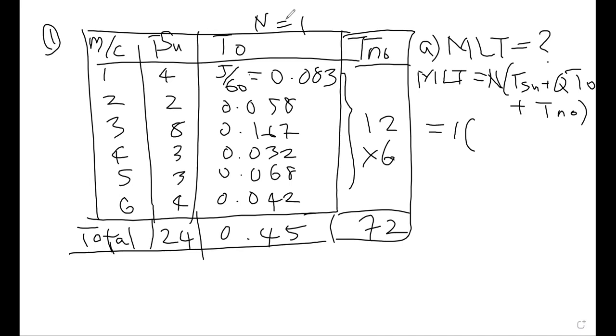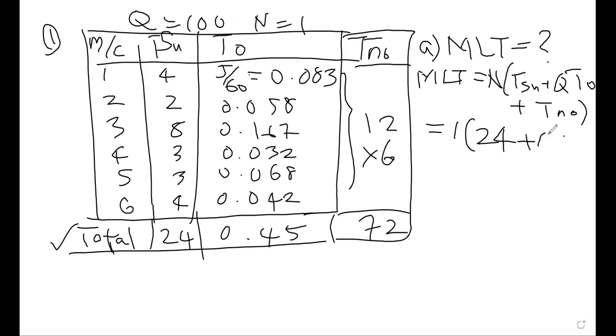So we have one T_SU. We take the total, 24, because we want the manufacturing lead time for all. The quantity Q equals 100 pieces, 100 units.